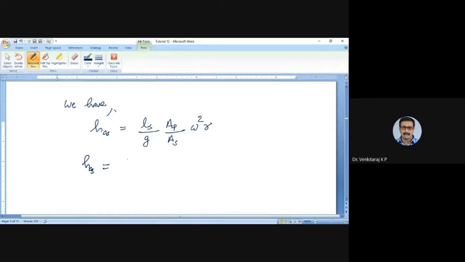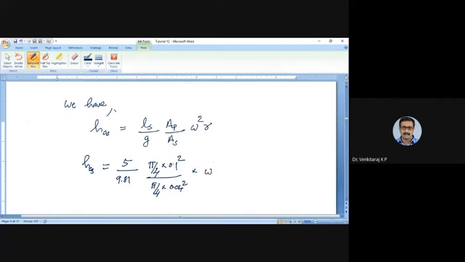HAS equal to LS, length of the suction pipe, 5 meter, by 9.81 into AP, the piston or cylinder area, pi by 4 into 0.1 square, 100 centimeters, divided by pi by 4 into suction pipe diameter 0.04 square, into omega square.